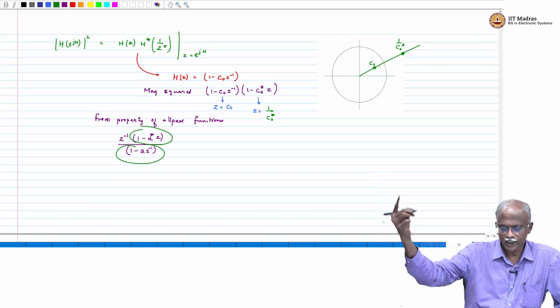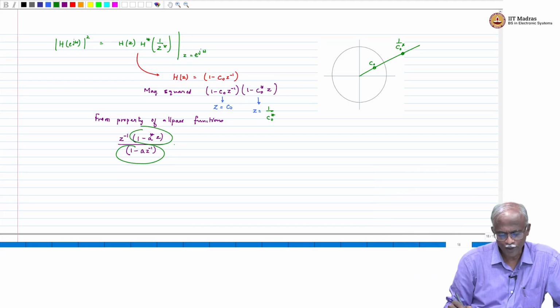The zero inside the unit circle and at the reciprocal conjugate location. This is from a property of all pass.